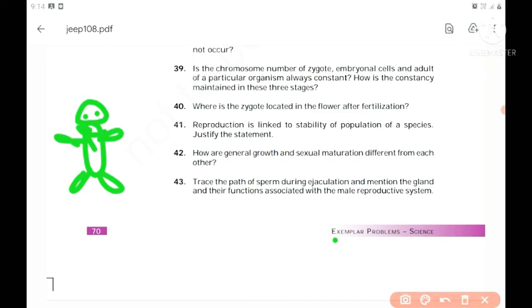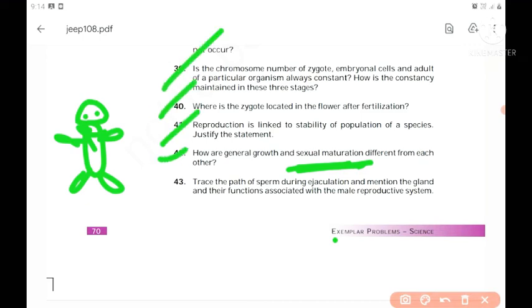Whereas sexual maturation comes when this growth starts after your adolescence. In the sense, it means that now you have the ability of reproduction, or to produce a new individual, or give birth to a new offspring. That is sexual maturation. So both are different from each other.